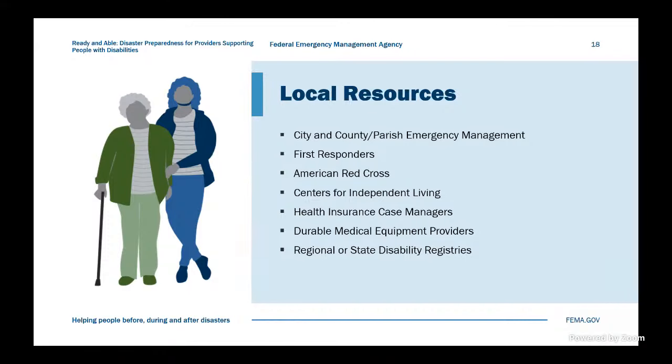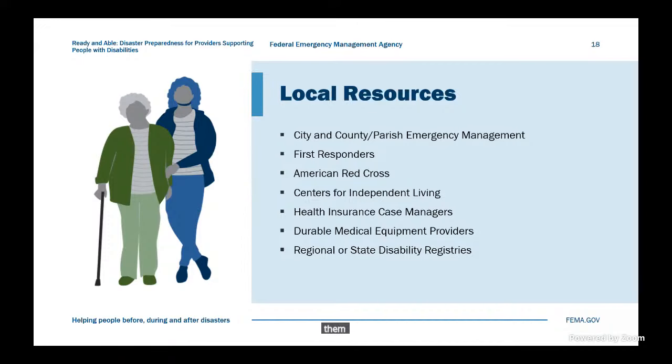And what would you recommend for someone who might be legally blind as far as resources and reaching out and connecting with different agencies? Sure. Well, I have on the local resources the Centers for Independent Living, but a lot of the blind organizations, I've worked with them. A lot of organizations get involved in emergency management.